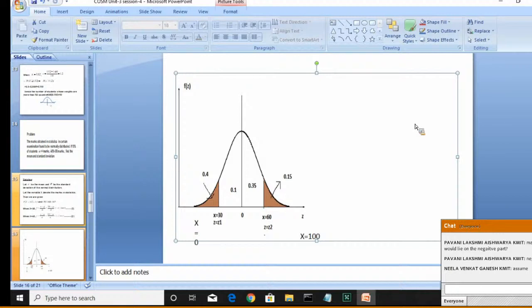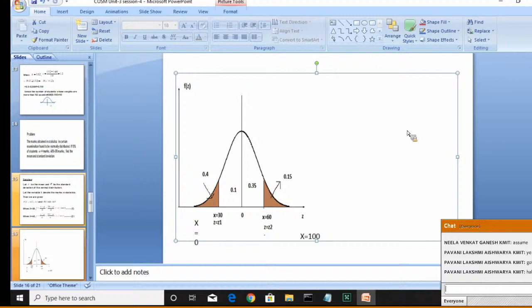Like that, one part will be on the left side and the remaining on the right side. Am I correct or not, Aishwarya? Marks cannot be negative, so we are not putting them here. It is not an IIT question paper. Only positive marks are there for us.